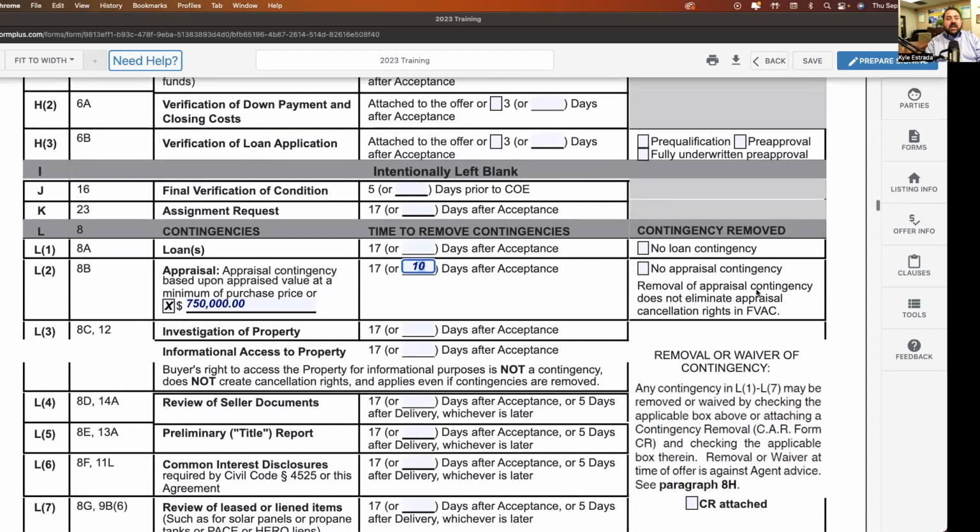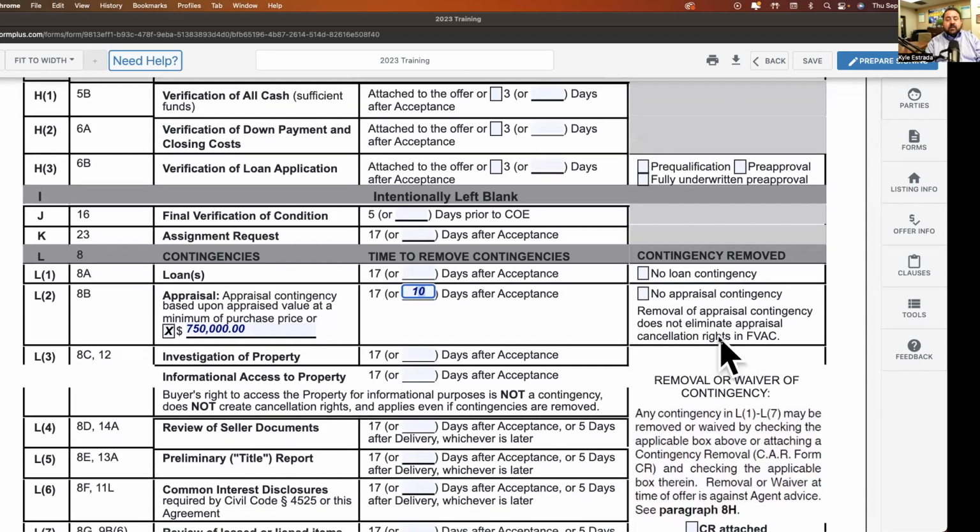If I'm an FHA or a VA buyer, the FVAC is going to be included, and what that form does for a buyer is it says, per FHA guidelines, whatever amount is written on the FVAC, if the property doesn't appraise for that amount, they can't lose their deposit whether they have an appraisal contingency or not. Okay, that's for FHA deals only.